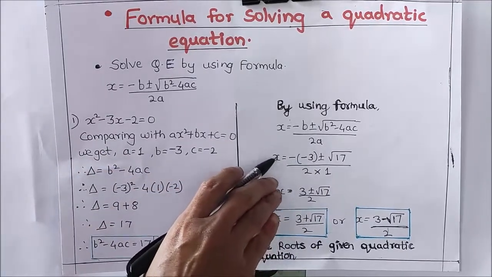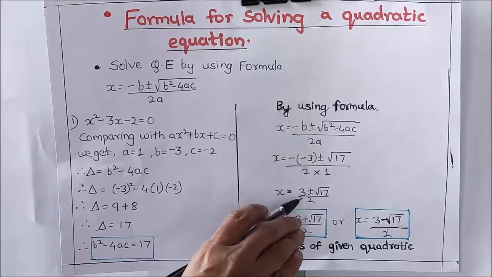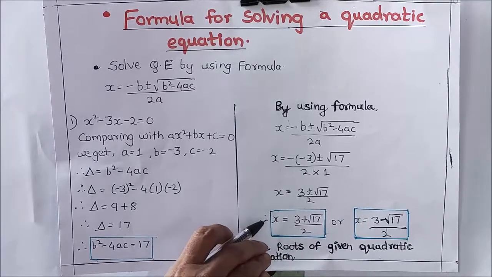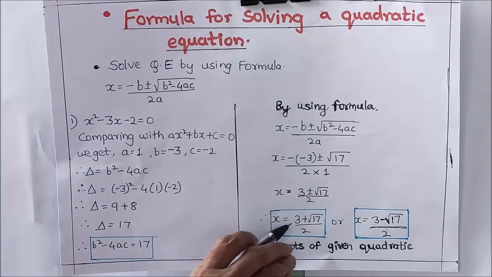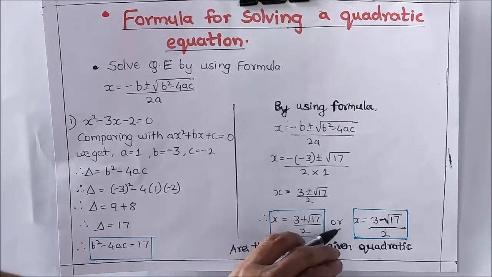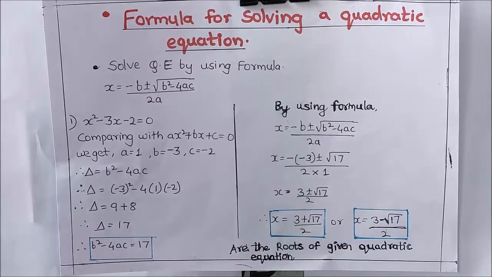Therefore, we get x equals minus of minus is plus 3 plus or minus root 17 upon 2. Therefore, we will get the values of x as x equals 3 plus root 17 upon 2 or x equals 3 minus root 17 upon 2.